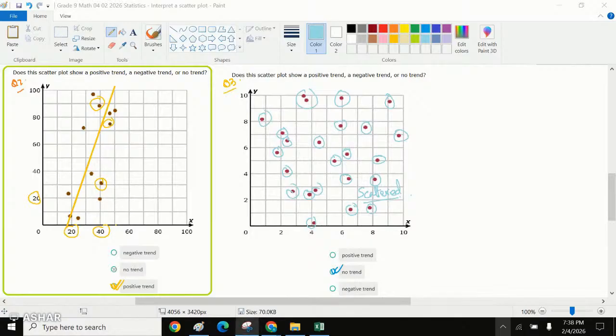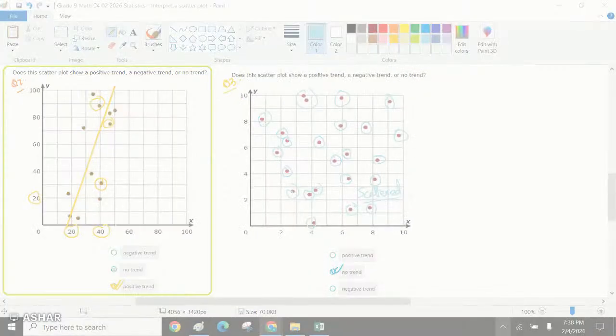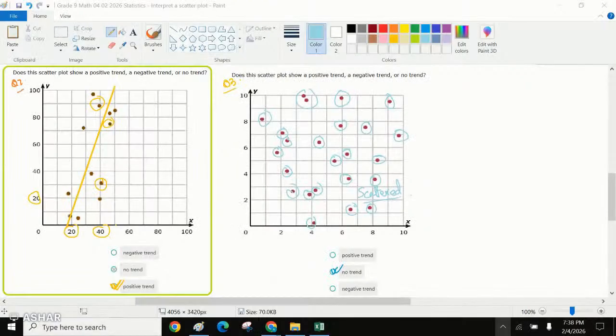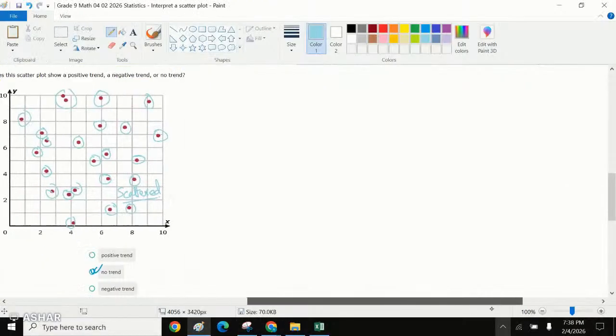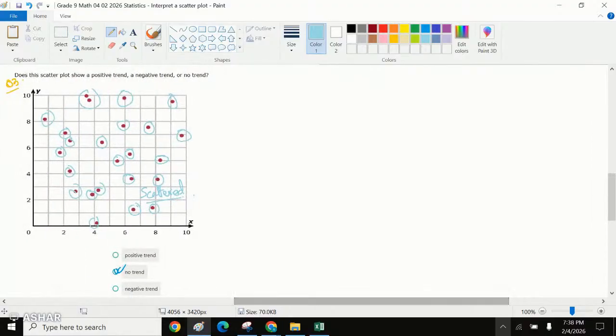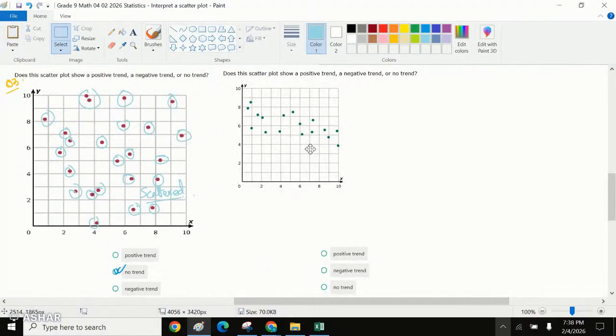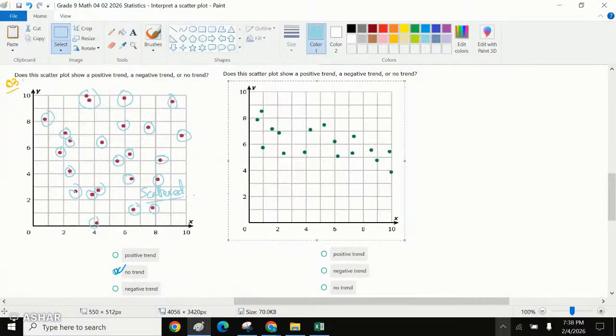Let's have a look at the next question. The next question says, does this scatter plot show a positive, negative, or no trend? Question number 4. For us, if this is our question number 4, it says this information. Okay. Question number 4 is here.